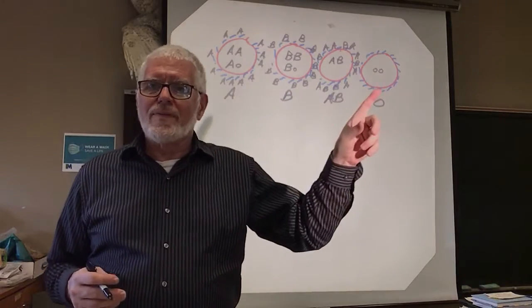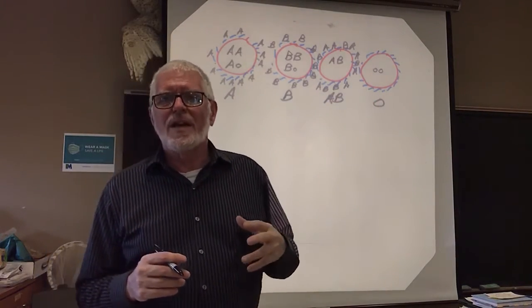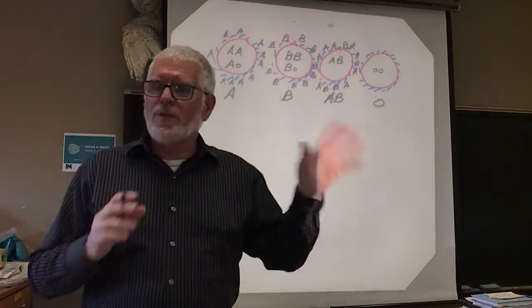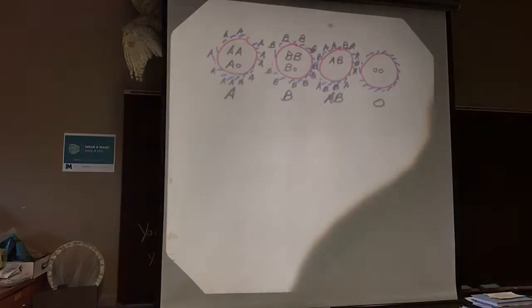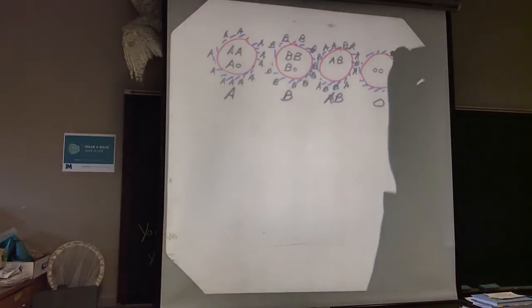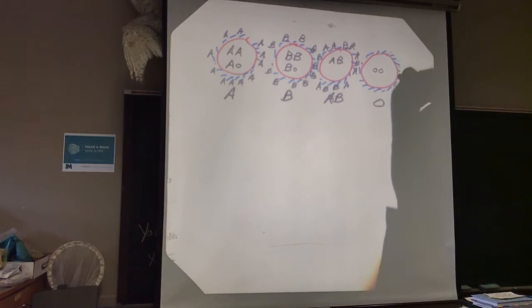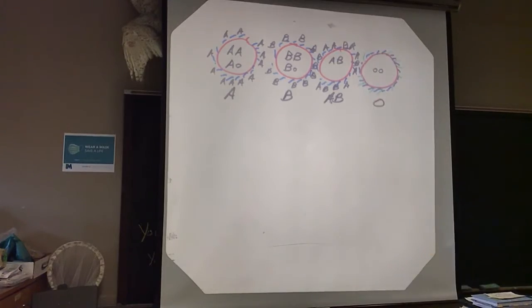Now, what they call Rh factors, because it was discovered in rhesus monkeys, is a different marker, different gene on a different chromosome. So I'm going to use a different color. Just a protein that's either there or it's not.